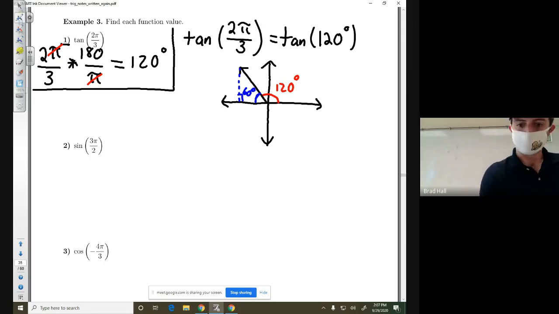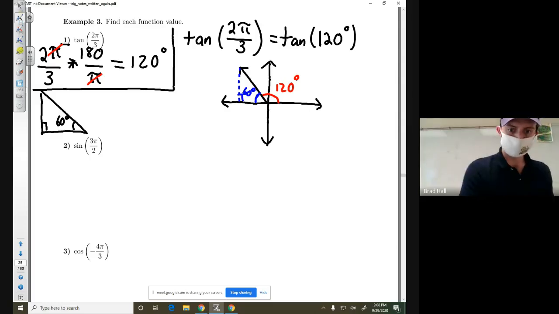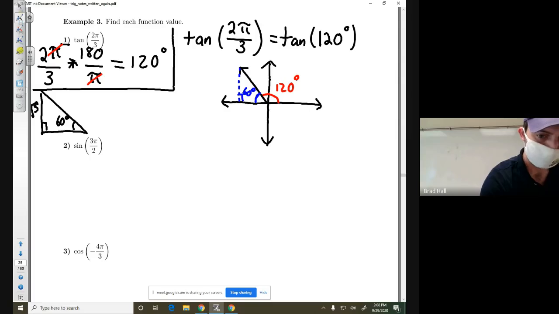So we do have a triangle that we've formed, which I'll put over here. This is a 30-60 triangle, and hopefully you all remember how the segments of a 30-60 triangle are filled in. Across from 60 is the square root of 3.